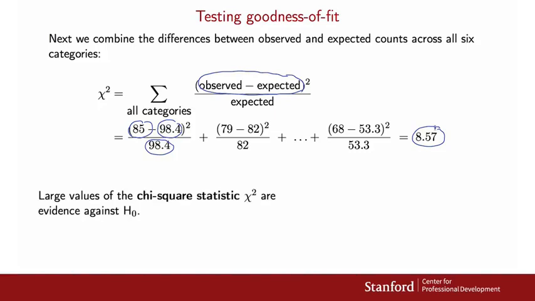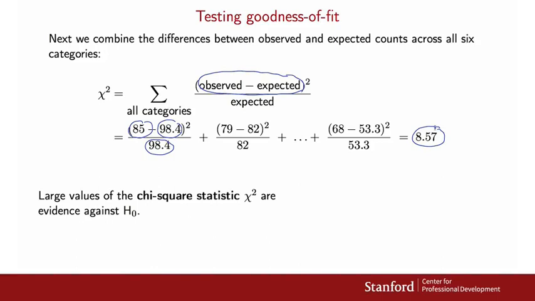If the value of that chi-square statistic is large, that means there's a big discrepancy between observed and expected counts, and that's evidence against the null hypothesis. On the other hand, if the chi-square statistic is small, that means that the observed and expected counts are close to each other.